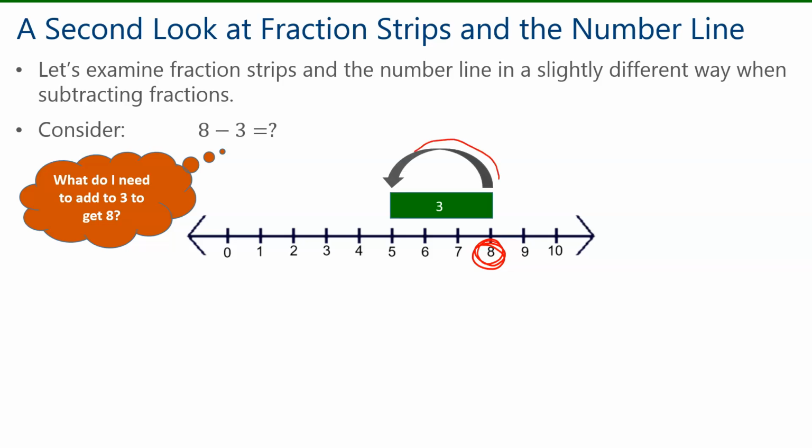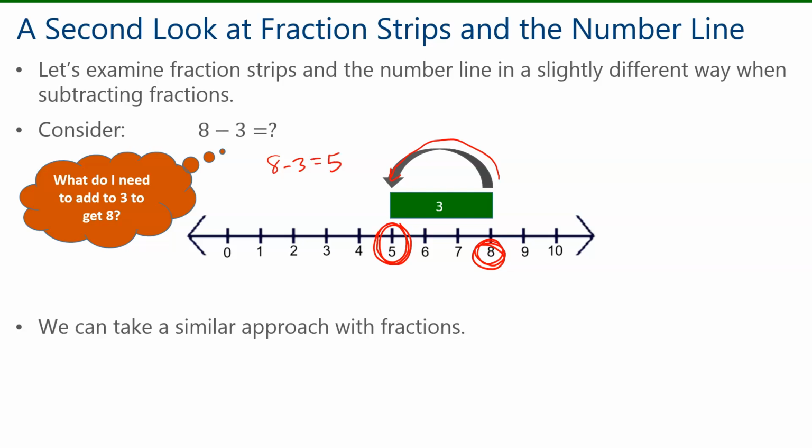So this arrow is the idea of jumping backwards 3. Well, where do we end up? Right here, at 5. So 8 subtract 3 equals 5.